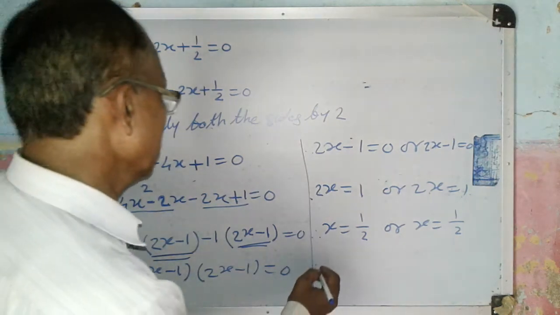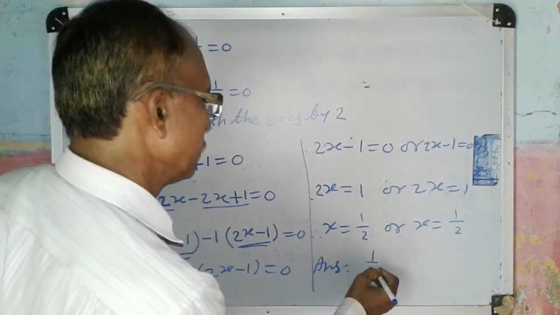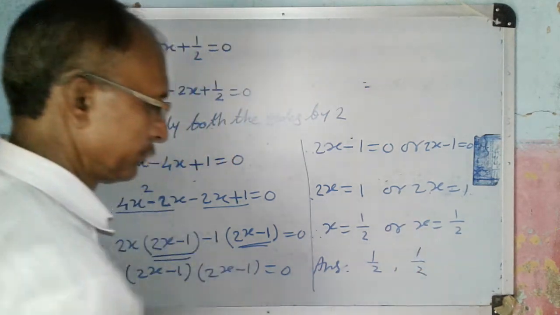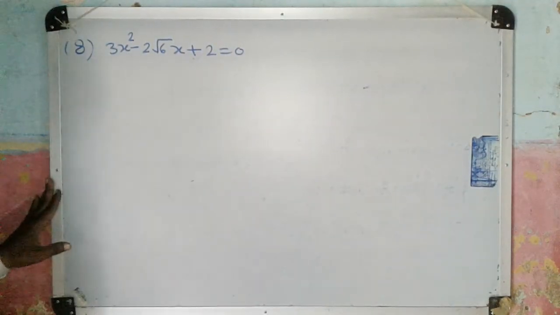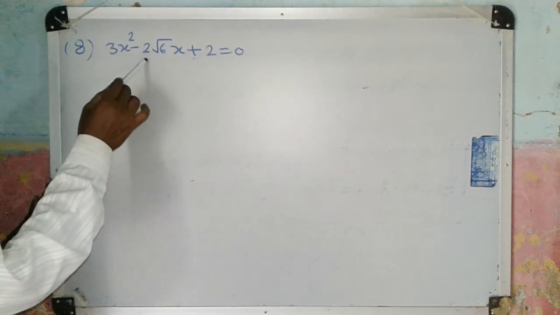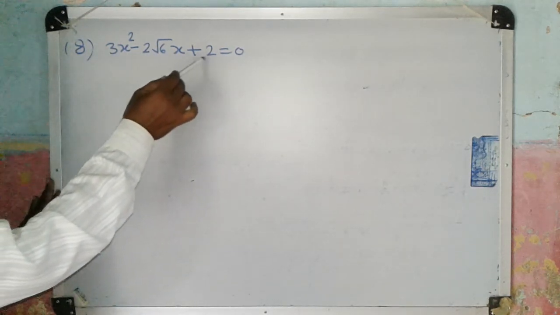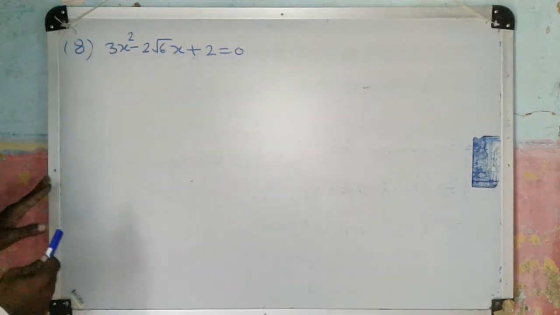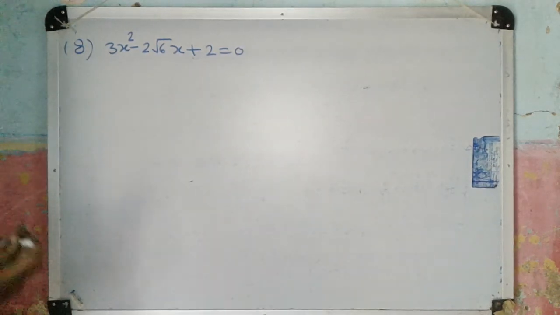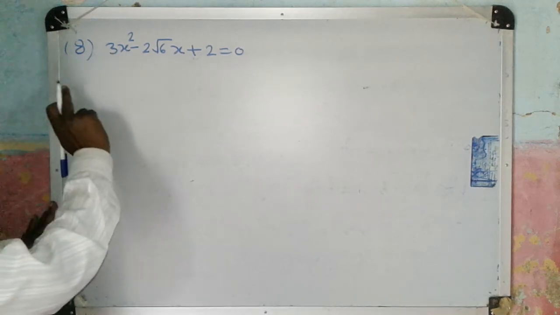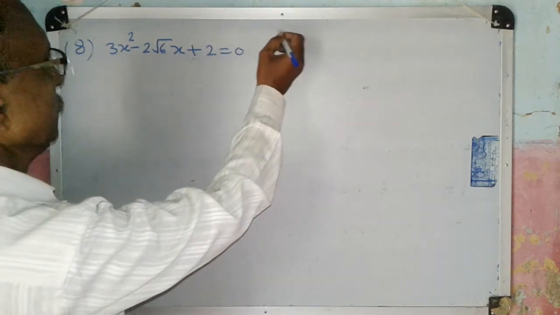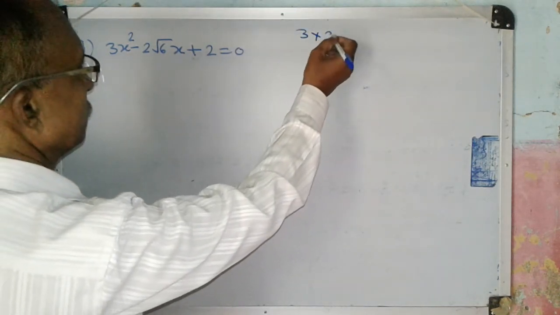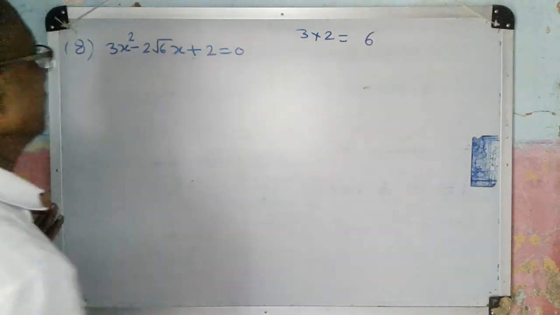So, the answer is... Now example number 8. 3x square minus 2 under root 6 x plus 2 is equal to 0. Now here also the coefficient of square term is 3. So first we take the product of 3 and 2, which is 6.